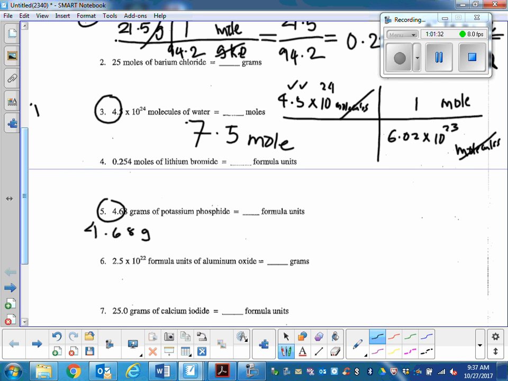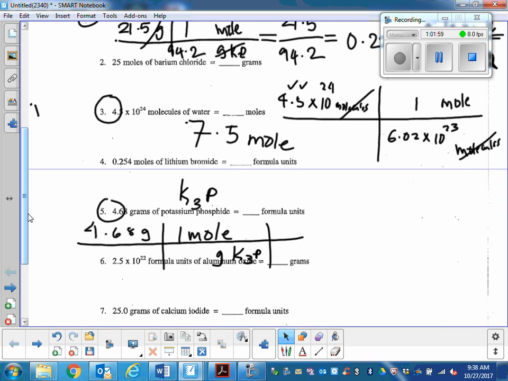K is a plus 1, P is a minus 3. This is K3P. So I have grams of K3P in the bottom. I'll try and convert it into 1 mole. I need grams of K3P. Will I get that from the periodic table? Is that right?